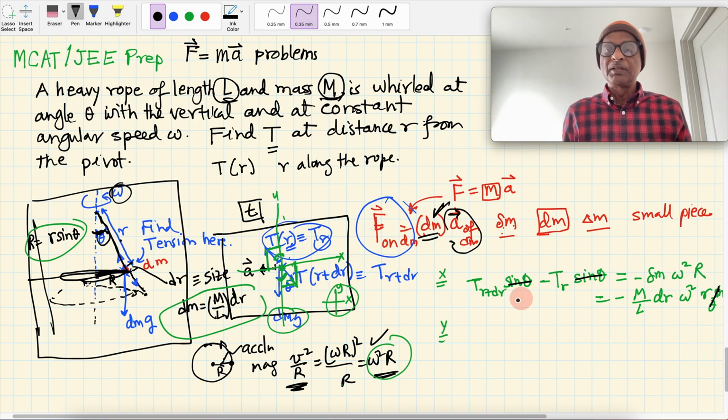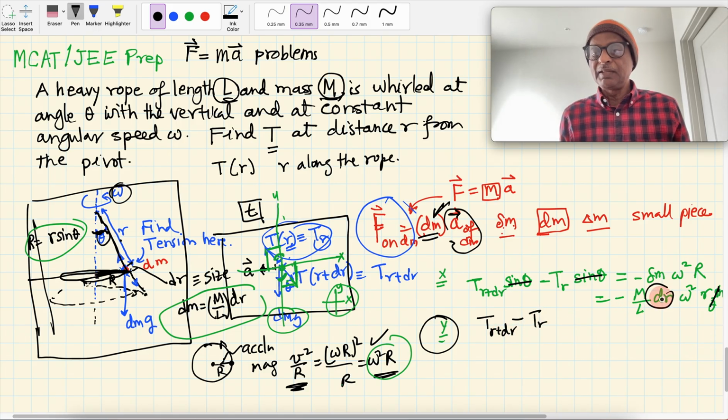And so without looking at this, just x looks like it is enough. T at r plus dr minus T at r. I can take dr, put it on this side, and then I get a minus m omega squared over L times r.